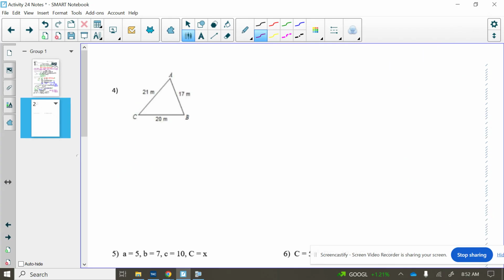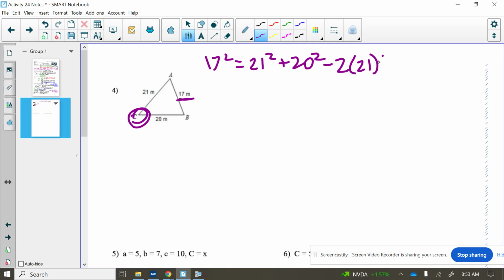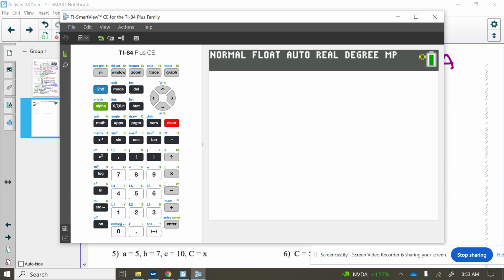Now, sometimes we are given the side situation, and then we need to find the angles. So again, I personally like to find the smallest angle first, and I know that that's going to be across from the smallest side. That is the side that is then going to go by itself this time. So we would have each of these pieces minus 2, and then anything that's on this right-hand side stays. Cosine of A, though. Okay, so again, we're going to kick this thing off.